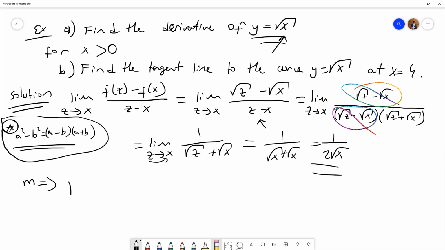So f prime x here, we have to put 4 here. So 1 over 2 square root 4, and it equals 1 over 4. This is the slope for the tangent line.